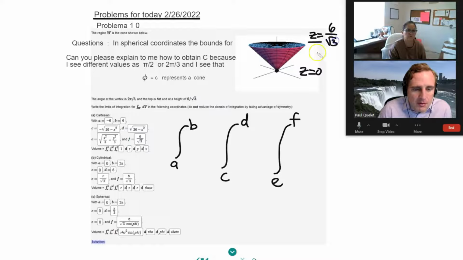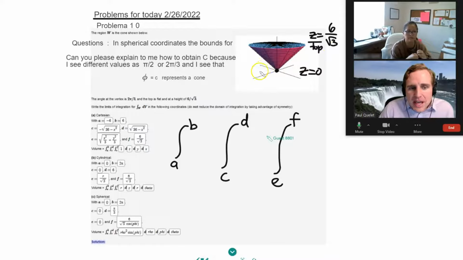Because if I did z equals 0 to z equals 6 over square root of 3 as the bounds for everything, it would be a cylinder. It would not be a cone. So the top bound is indeed z equals 6 over square root of 3, because it's flat.